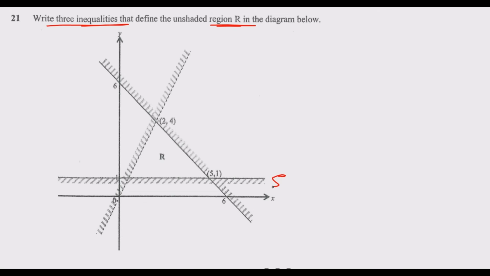The second line is also solid, and then this is a dotted line. A dotted line is strict, meaning there is no equality, so the answers are either above or below the line. Solid means the line itself is part of the solution.